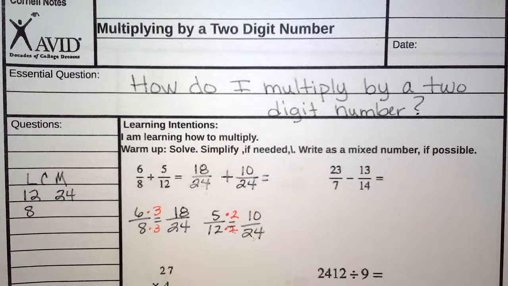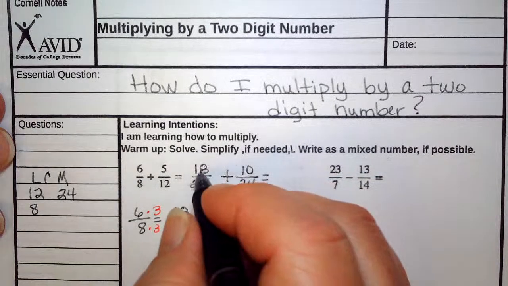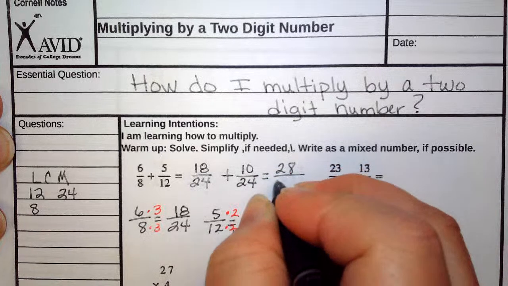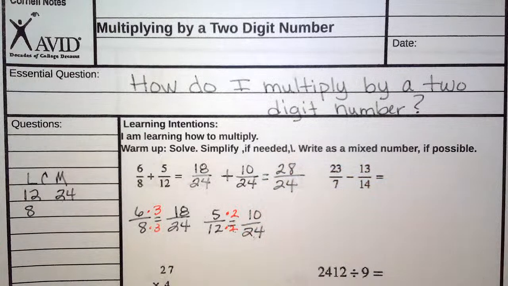Now I can add the top numbers. 18 plus 10 is 28. 28 over 24. I know it can be simplified because 2 divides evenly into both.